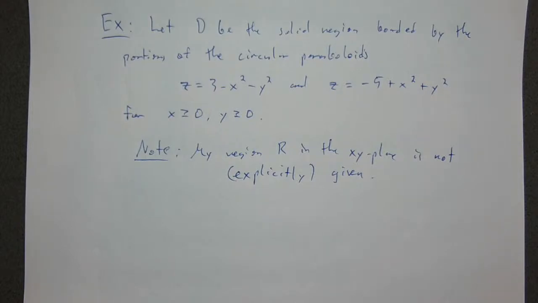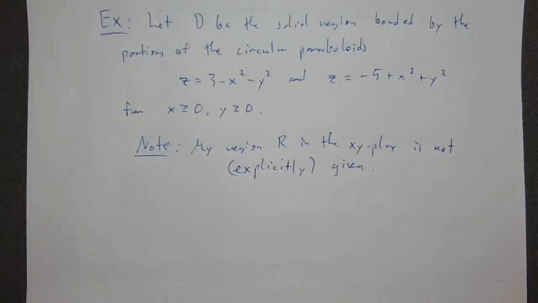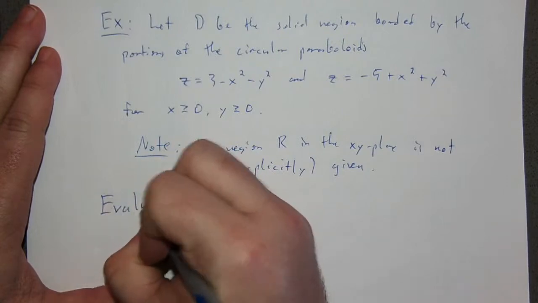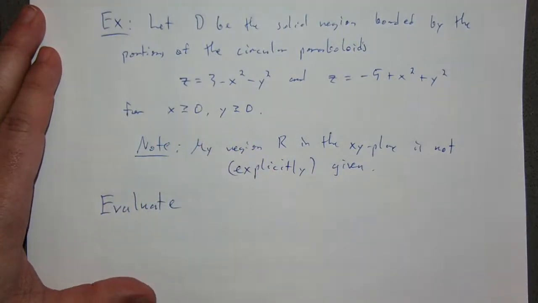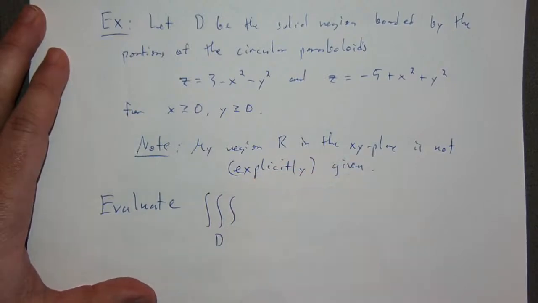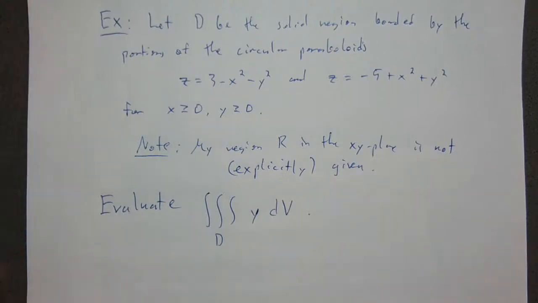It is hiding here in this info. Okay, but let's say that you're given this region D. What you are asked to do is to evaluate a triple integral. So we'll say the triple integral over this region D of y dv. Okay, so that's what I'm being asked to evaluate.